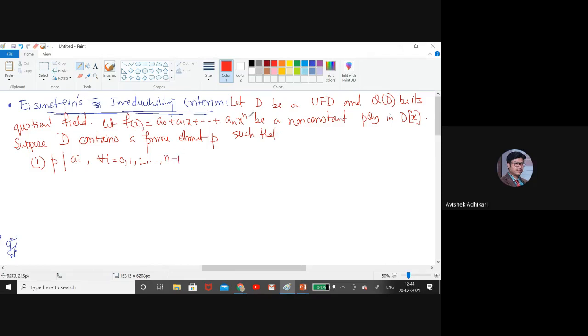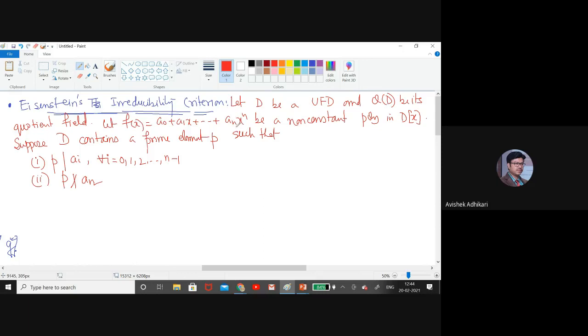Mind that this is the degree n, but it divides all the coefficients starting from a0, a1 up to a n minus 1. So the first property says P must divide all the coefficients except for the nth coefficient. Then second property, P does not divide an.